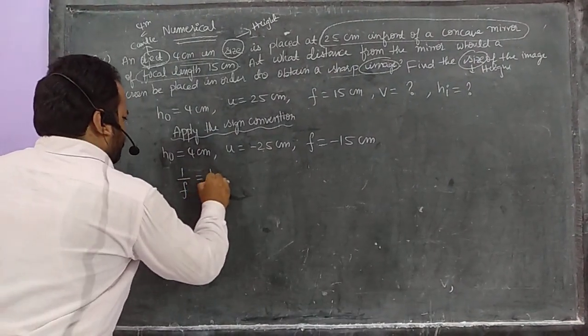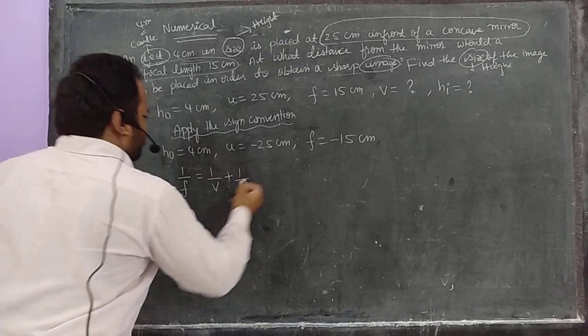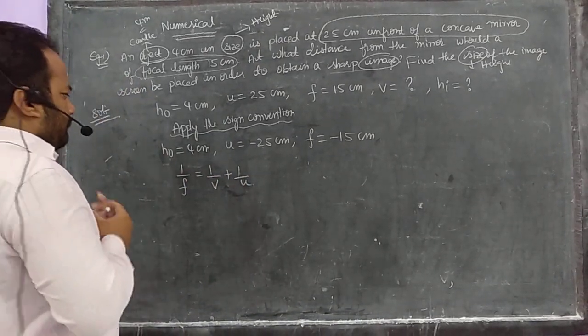Let's start with the mirror formula: 1 by F is equal to 1 by V plus 1 by U. Don't be in a hurry.